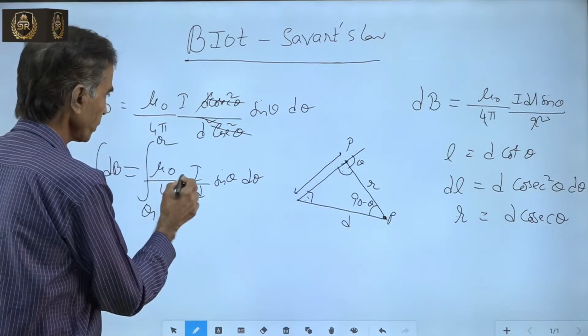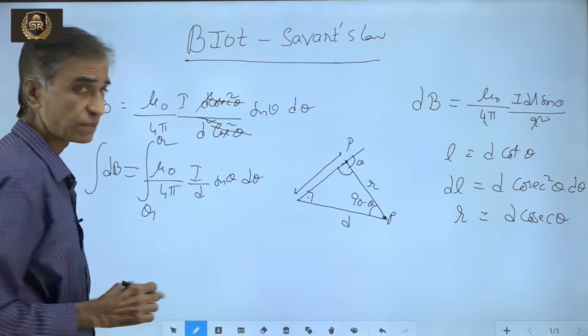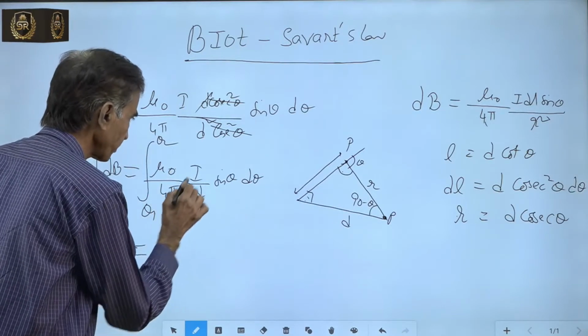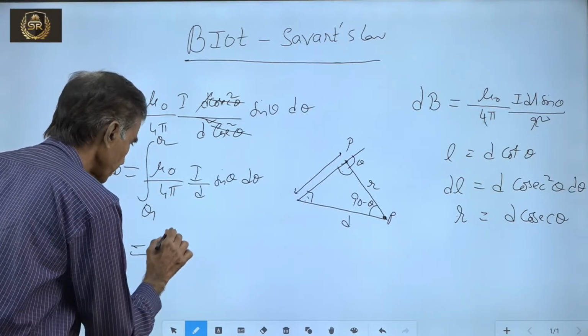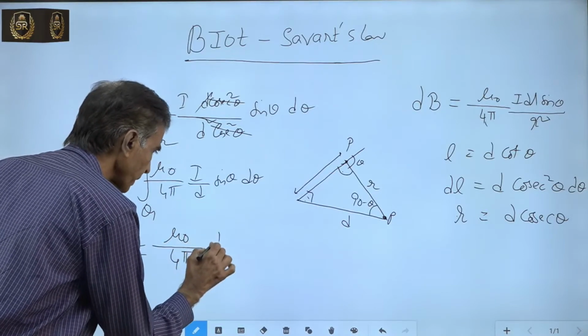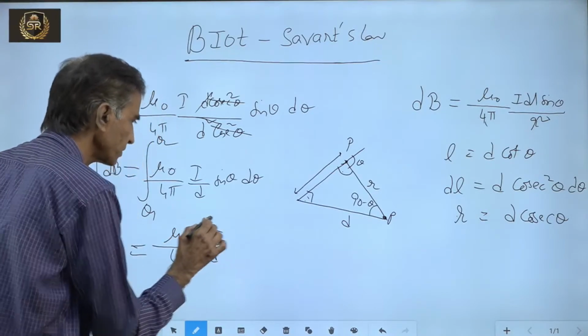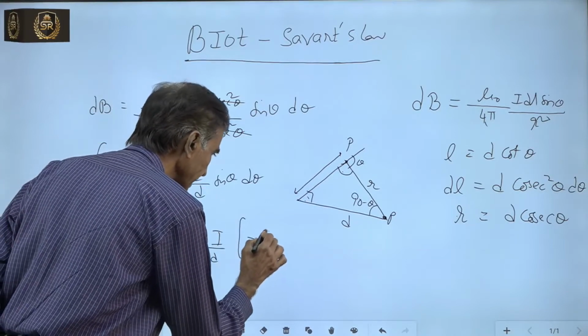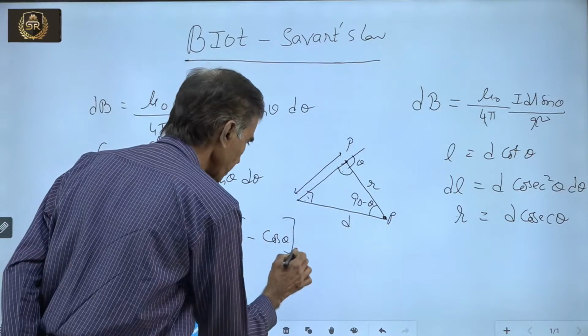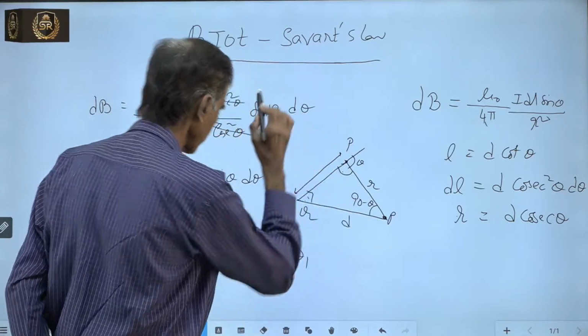So this is our equation. Now we know integral of sin theta is minus cos theta. Therefore here mu naught by 4 pi I by d is a constant, so we can take that out. Mu naught by 4 pi into I by d into minus cos theta between the limits theta 1 to theta 2.